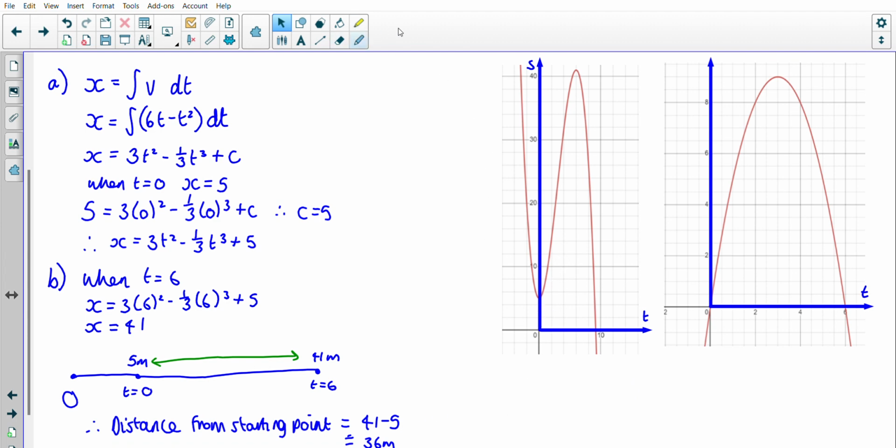You can see at t is 0, it should be x, not s. X is 5, so that's why c was 5, the intercept. And then we were looking at when t is 6, so 2, 4, 6, this line up here. When t is 6, that point is 41.